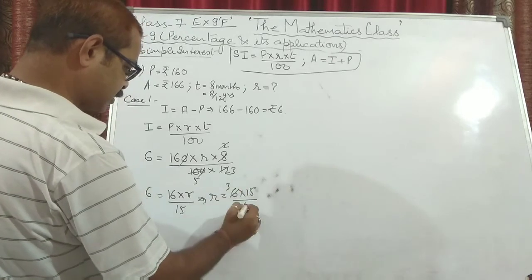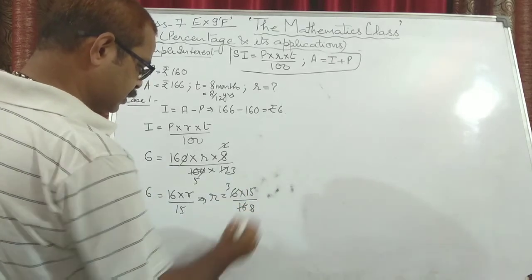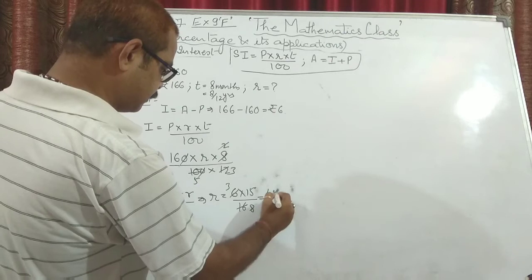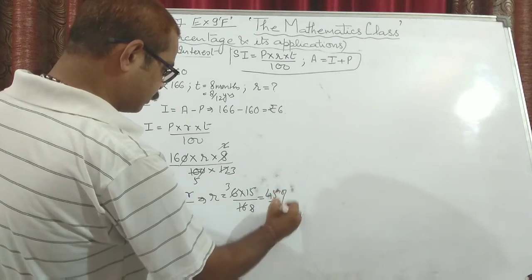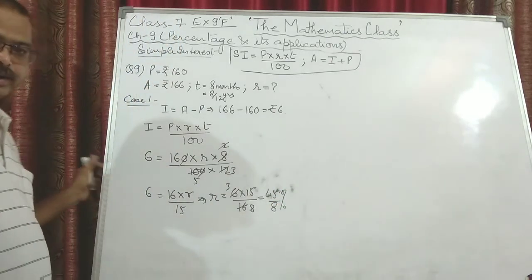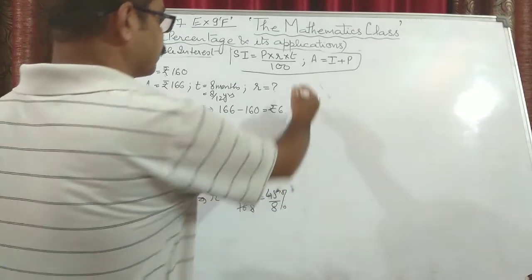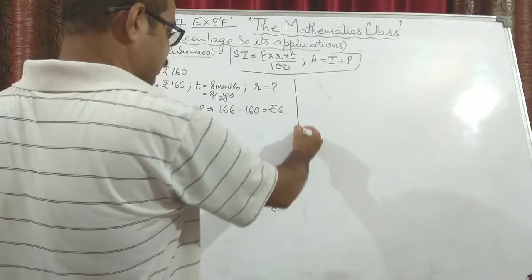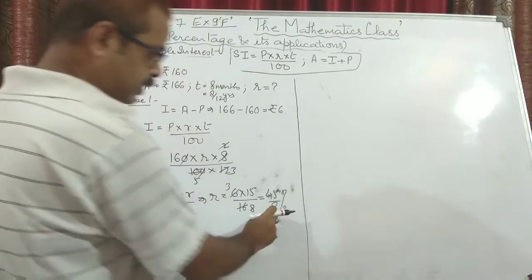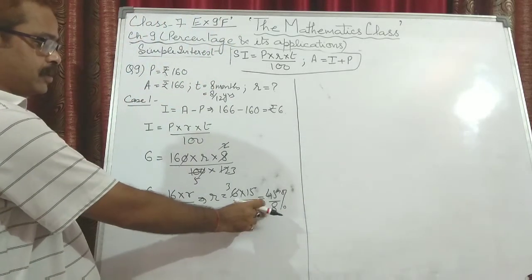So 2 threes are 6, 2 eights are 16, and 15 threes are 45 upon 8 percent is the rate of interest. We will not convert it into a mixed fraction because we will be using it.